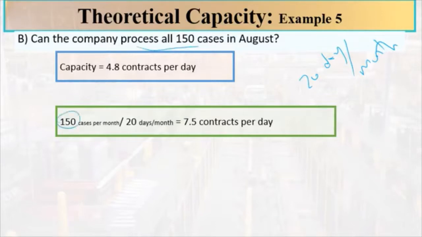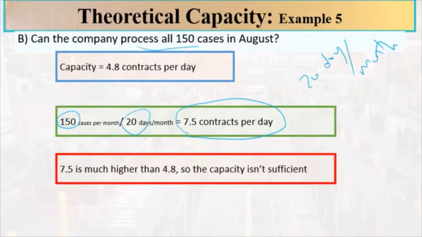We take the 150 divided by the 20 days per month, and we get 7.5 contracts needed per day. So 7.5 is obviously much higher than our effective capacity, which we got in the previous slide. So the capacity isn't sufficient, and we cannot process all these cases.